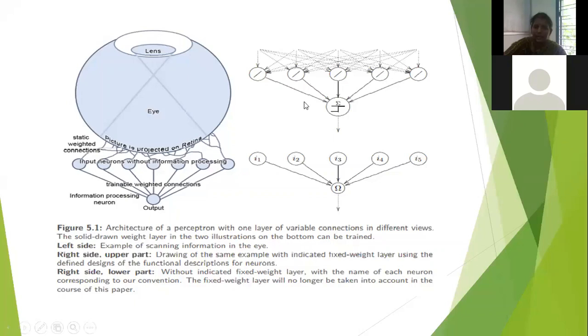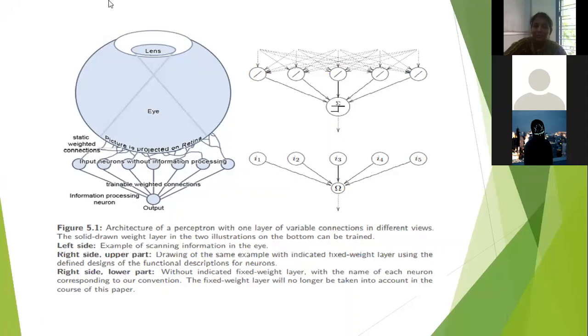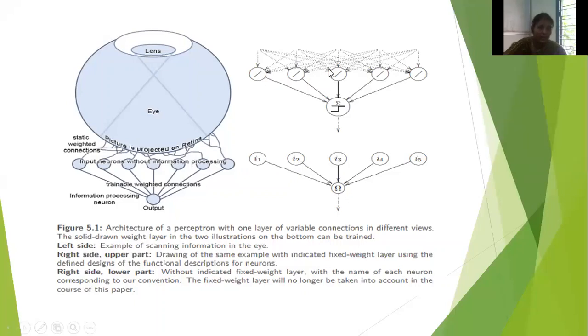This picture on the right top is indicating a fixed weight layer using different designs of functional description of neurons. Okay, the right side upper part picture is indicating a fixed weight layer using defined designs of functional description of neurons.